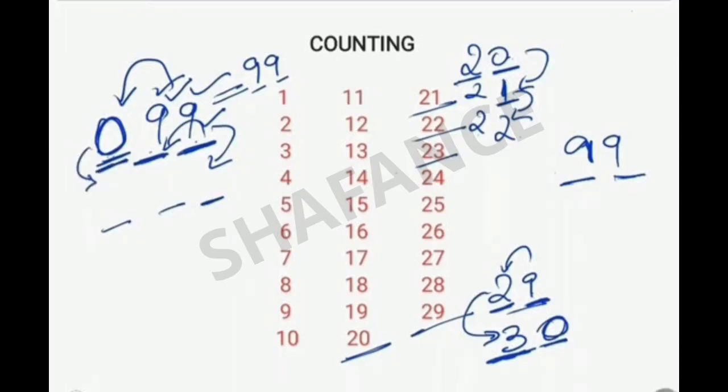From 0 it becomes 1. After 0 comes 1, so we get 1. So since we have increased this place, the digits after this would become 0. There are two digits after this place, they all become 0. And this is how 100 comes.